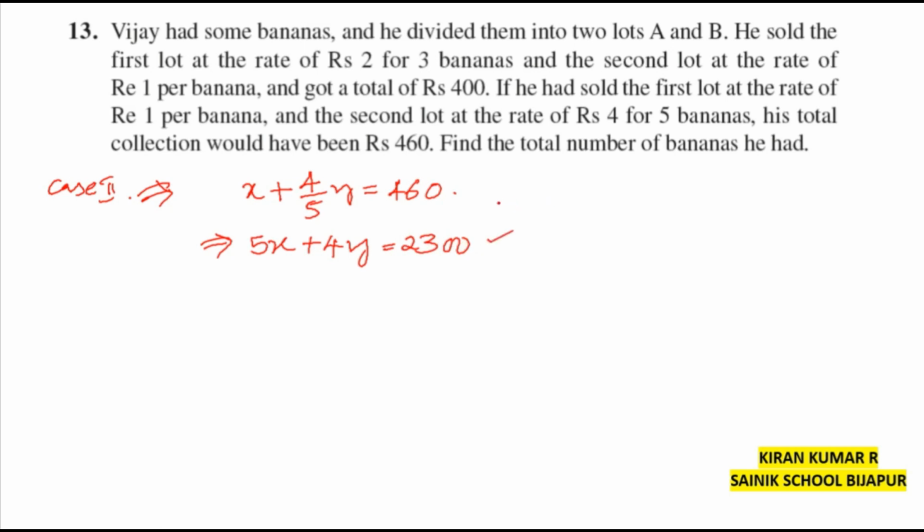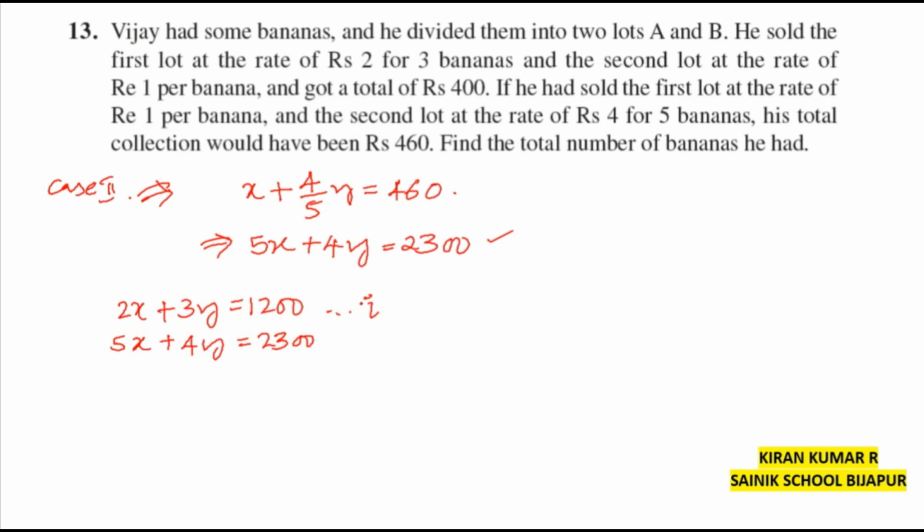This is one equation. From the previous case we had one more equation. Let me write these two equations one below the other. The first equation obtained was 2x plus 3y equal to 1200, and the second equation is 5x plus 4y equal to 2300.